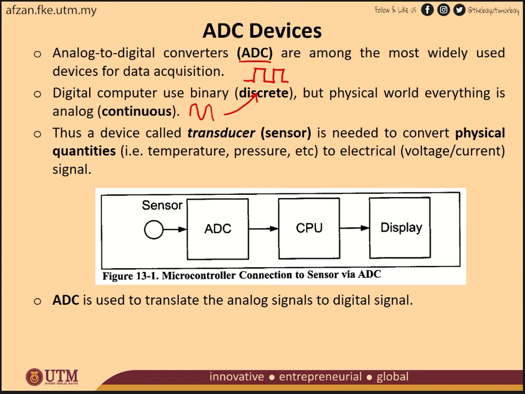Then after that the computer can interpret and process that data, because the computer only knows binary numbers; it does not understand continuous signals. A device called a transducer or a sensor is needed to convert physical quantities such as temperature, pressure, etc. to an electrical voltage or current signal.